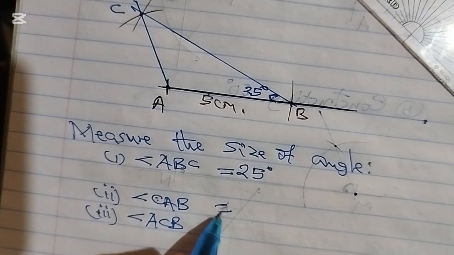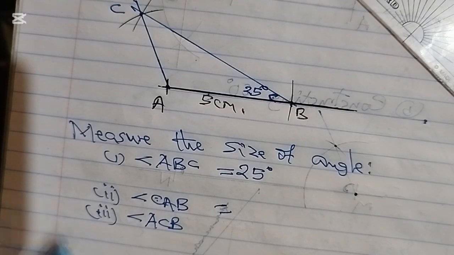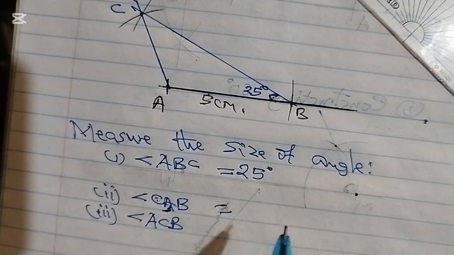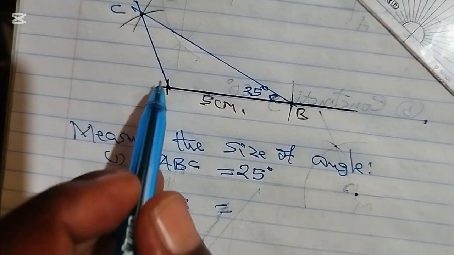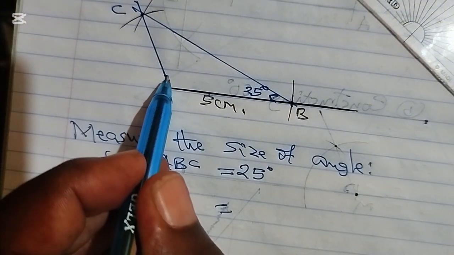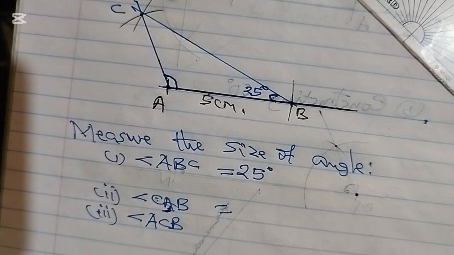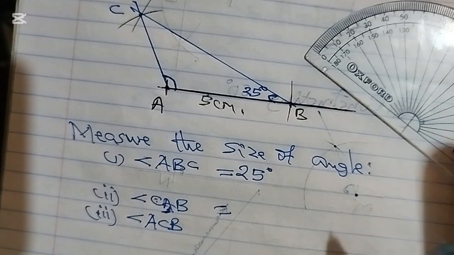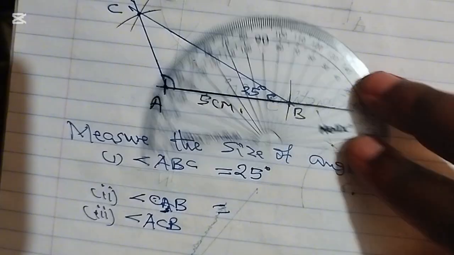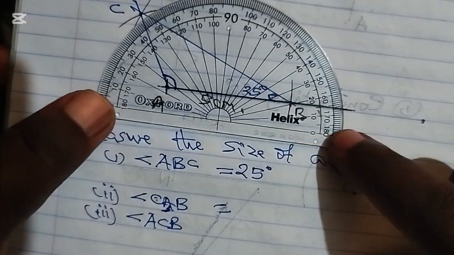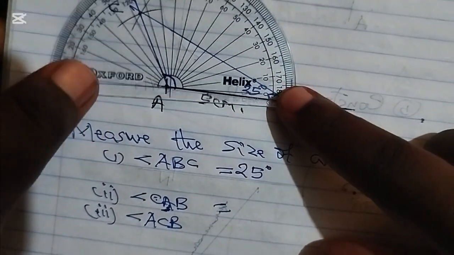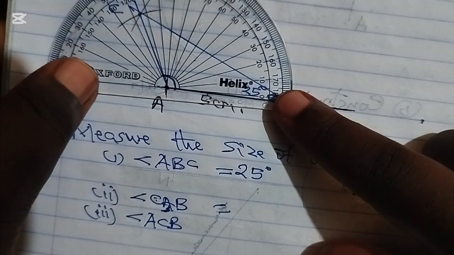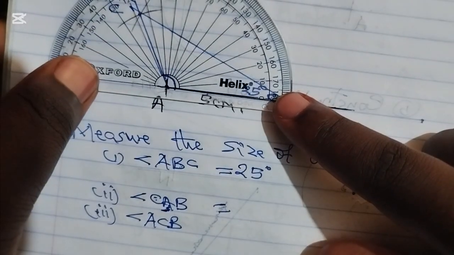Roman 2, angle CAB. We need to measure angle CAB. Again, as I've said, it is the middle letter, which is A, meaning this is the angle we need to measure. To measure that angle, once again, take your protractor and make the center of your protractor be at A. I have already explained what the center of a protractor is.